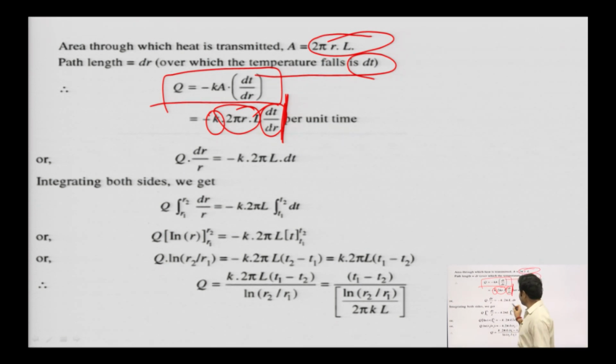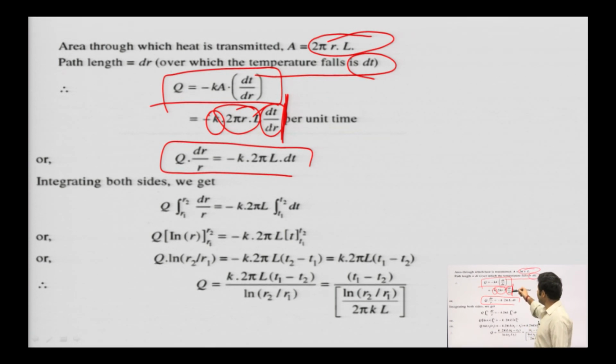So here, integrating on both sides. dr by r has been made subject on the left hand side, and dT is left alone on the right hand side. Since they both are integral operators, you need to integrate them.